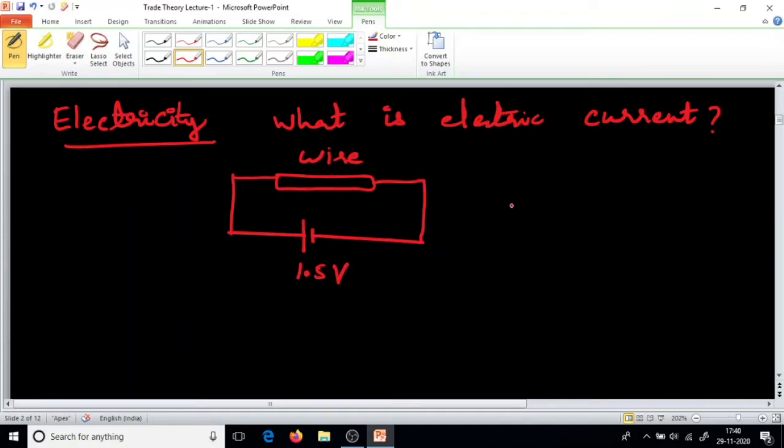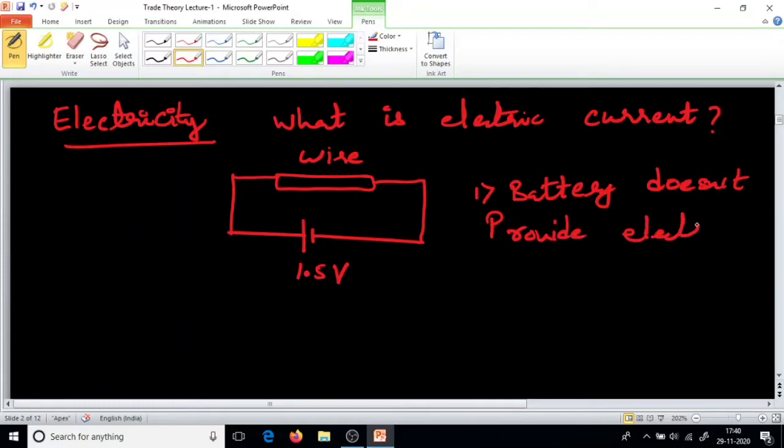See, the thing you have to understand is that the battery doesn't provide electrons. Then from where do these electrons come?